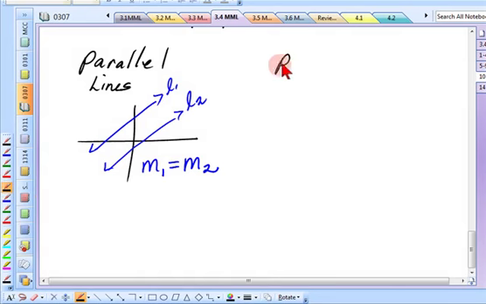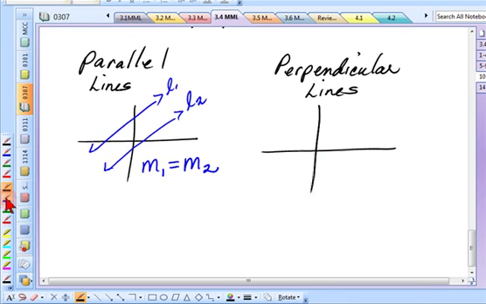Now, perpendicular. Perpendicular means to intersect, forming right angles. Let's suppose I have this one and this one, and they intersect to make right angles.